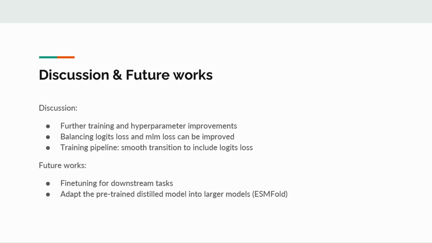And we could also do a training pipeline where, instead of splitting it into pre-training with just MLM and then switching to both, there could be a smooth transition where the alpha changes over time to use more of the logit loss to learn more from the ESM2 model. In the future, it could be okay.